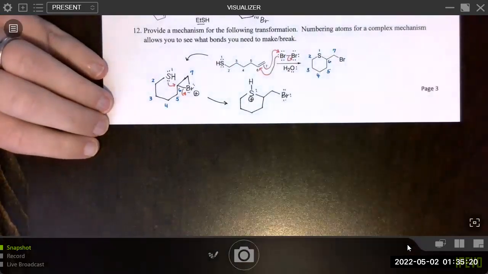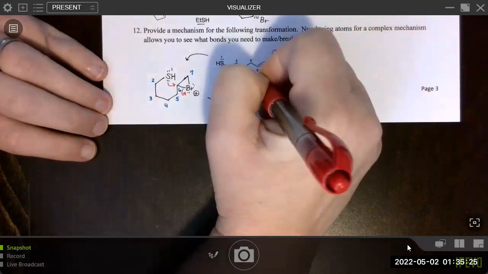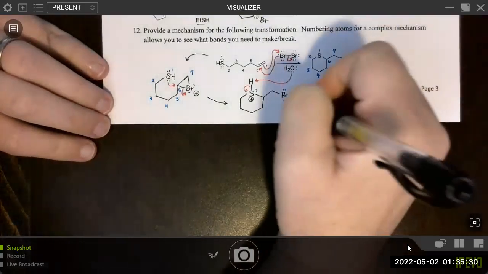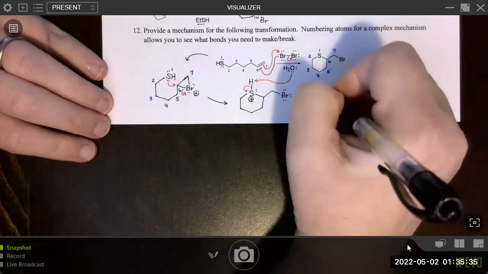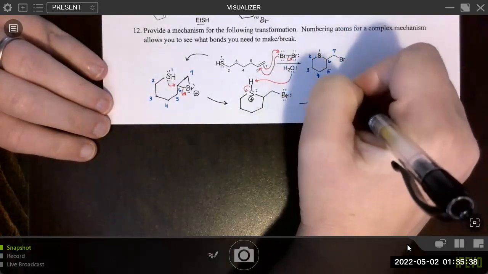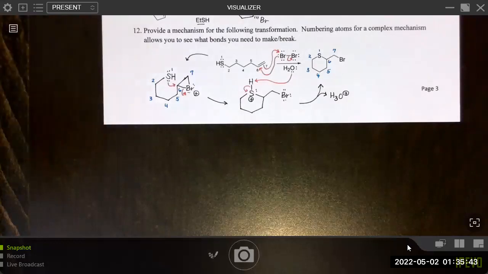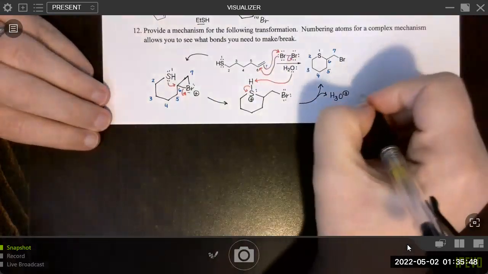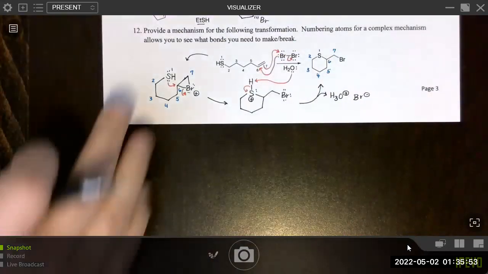Water is there. It can act as a base to do our final proton transfer. Get to the product here. And we've got a little bit of H3O plus. And then we also form some bromide, yeah, from the leaving group on the first step. Okay.